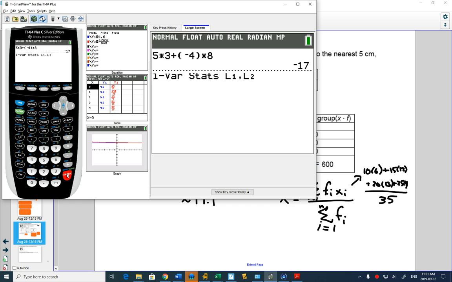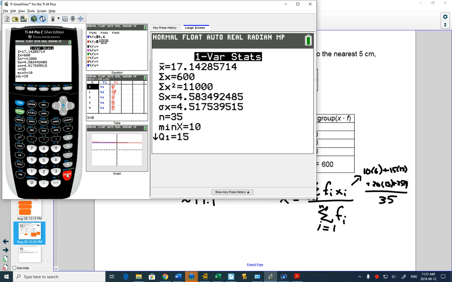When you go to Calculate, a couple of things show up, and you start to realize, oh, they gave us the sum of x, this 600, in case you wanted that part of that formula. They gave us n is 35, in case you wanted that part of that formula. We've got our average to 3 sig figs at 17.1. That's a lot quicker than doing all of this by hand and drawing that chart.